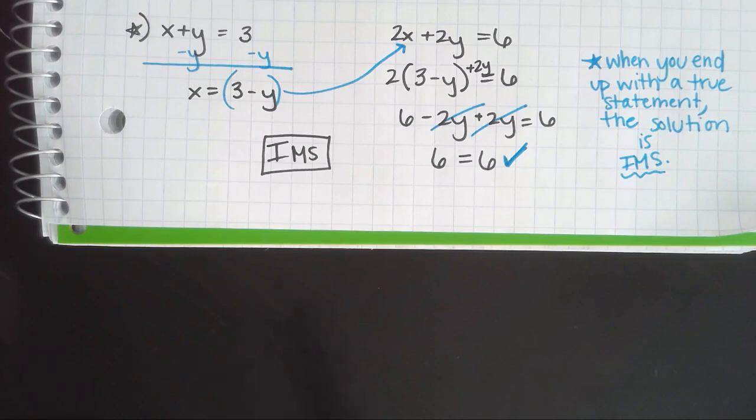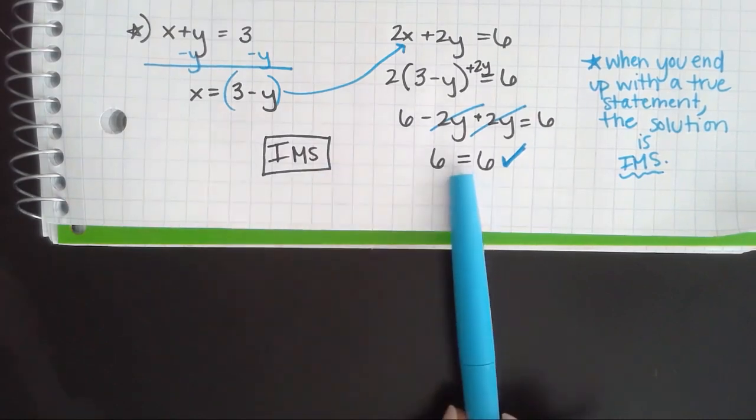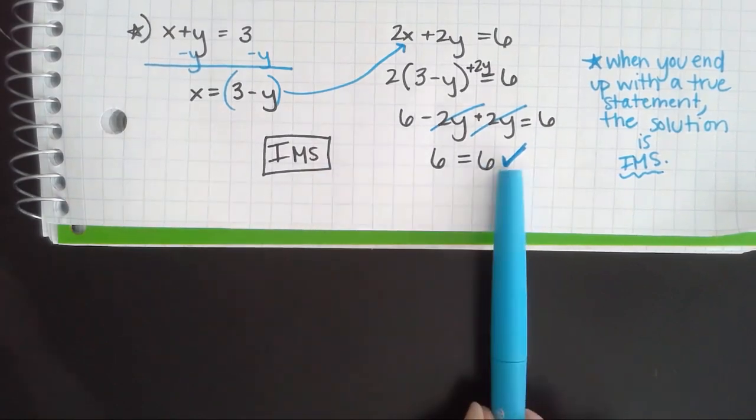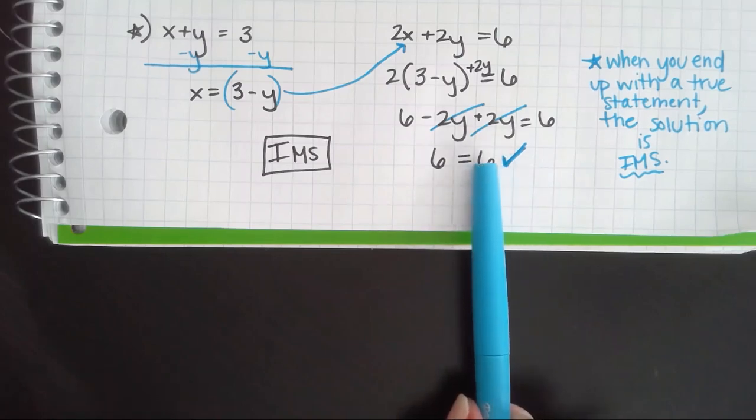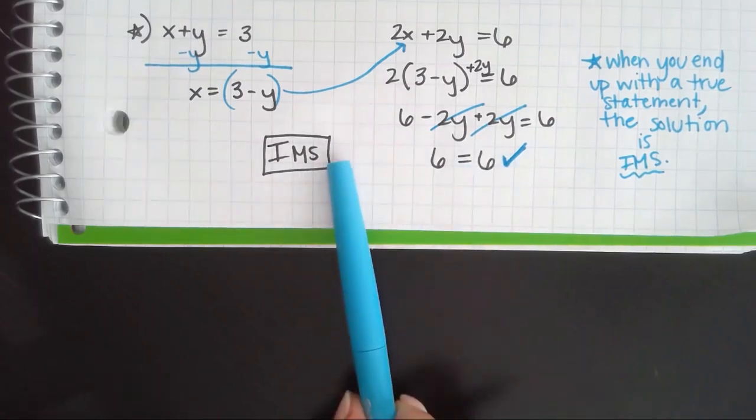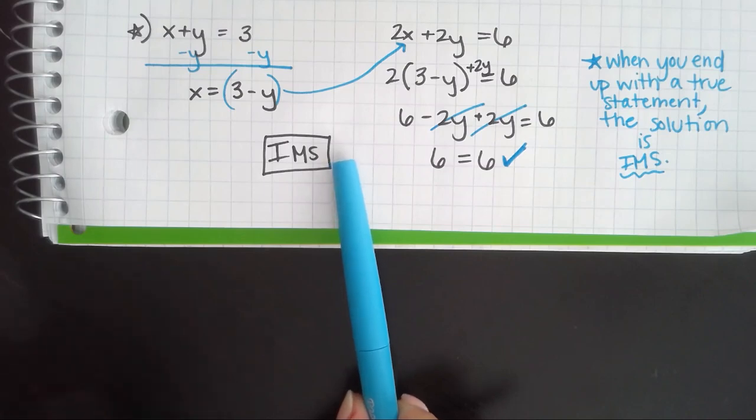So our options are, we would end up with y equals something or x equals something. In that case, we know that we're going to have one solution. We're going to have to get the other part of that ordered pair. Or we'll end up with a true statement, meaning infinitely many solutions, or we'll end up with a false statement, which will be no solution. So let's do one of those.